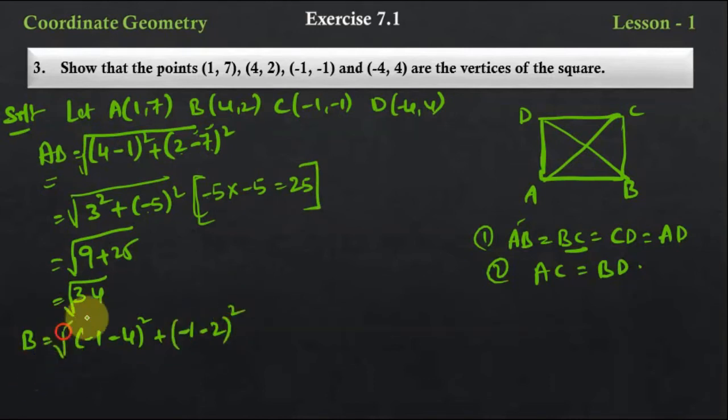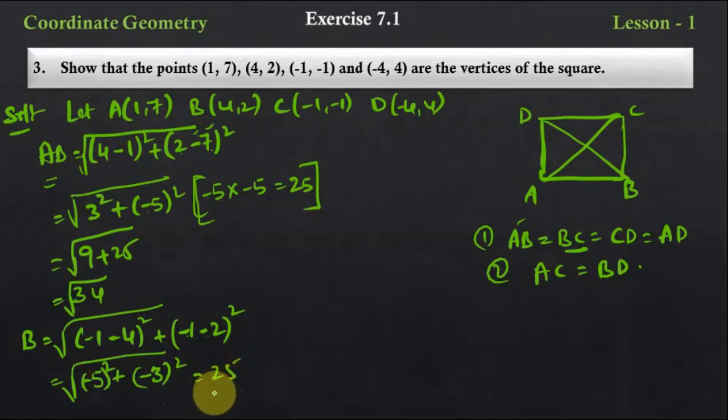Okay, square root. So this will become minus 5 whole square plus minus 1 minus 2, total minus 3, whole square. Minus 5 whole square is again plus 25. Minus 3 whole square, 3 into 3, 9, plus 9. So again the total will be square root of 34.